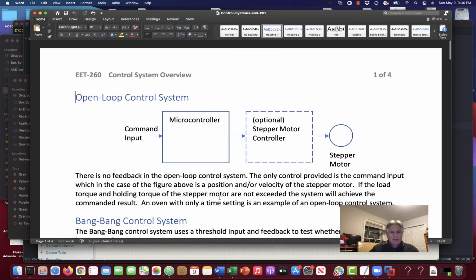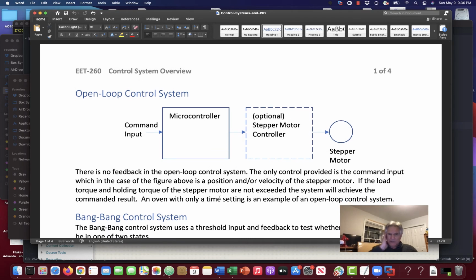All right. We're going to talk about control systems and PID control systems and how microcontrollers can be used to implement them. Some of this material, I think, overlaps courses you've already had or are taking now, one or the other.